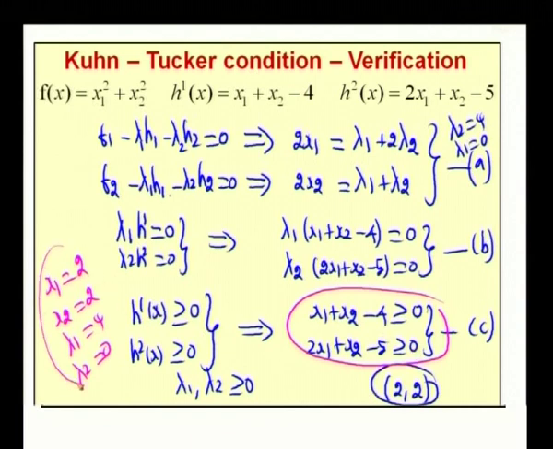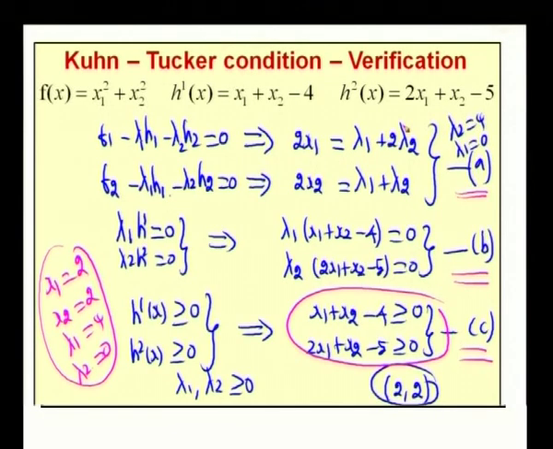So, with these values of x1, x2, lambda 1, lambda 2, all the equations A, B and C are satisfied. Therefore, we verified that the minimum obtained by graphical method also holds good for the minimum obtained by Kuhn-Tucker conditions.